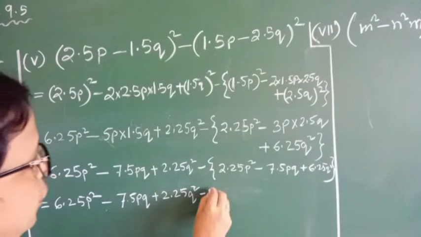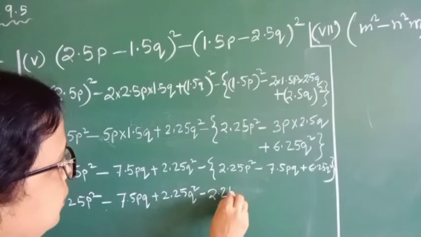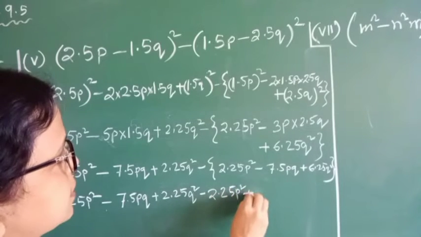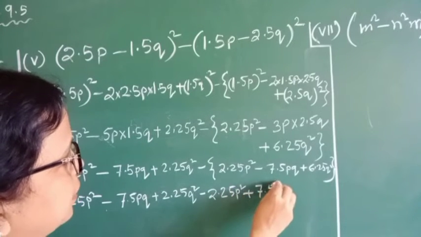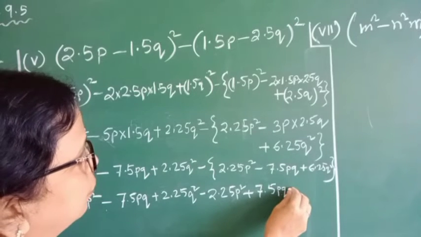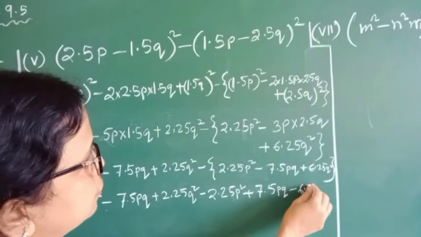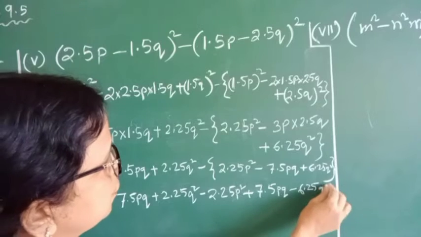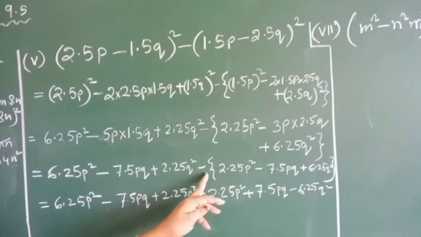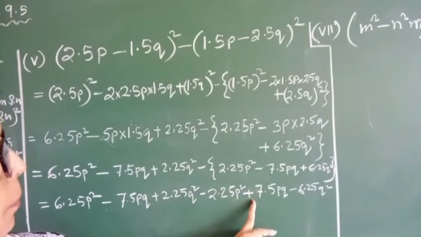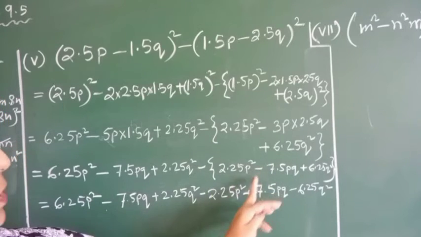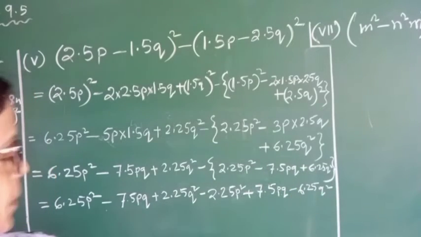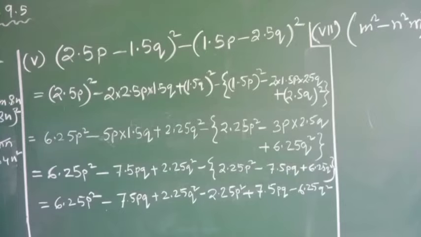Be careful. 2.25 p square plus 7.5 pq minus 6.25 q square. Have you seen? Minus, then it was minus, it has become plus, and minus has become plus, minus. Now the same terms, like terms.